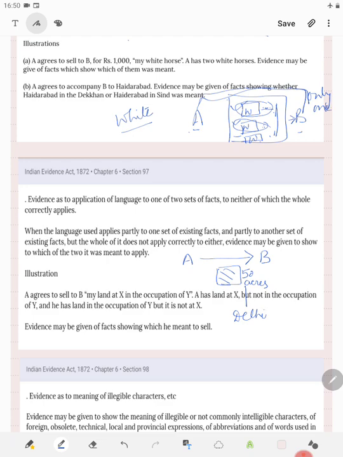So what he does is that A, through a document, in that document it is written that A has sold to B 50 acres of land at Delhi belonging to A. But when we actually read it, there is no ambiguity; it is clear in its meaning. But when we apply it to the actual facts, then at Delhi A has land, but that land is only of 25 acres, and 50 acres of land he had at Faridabad.